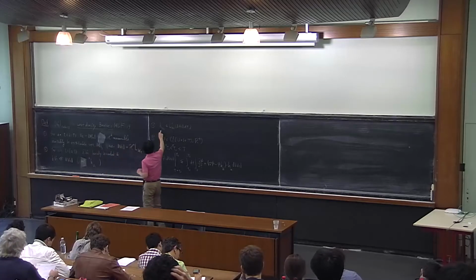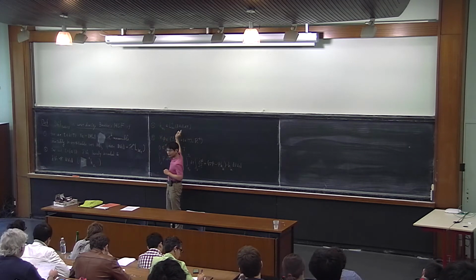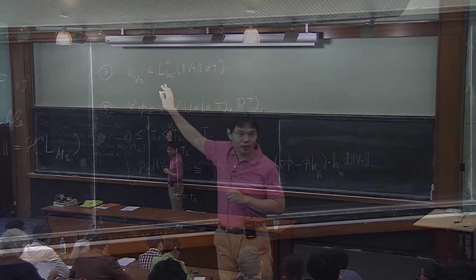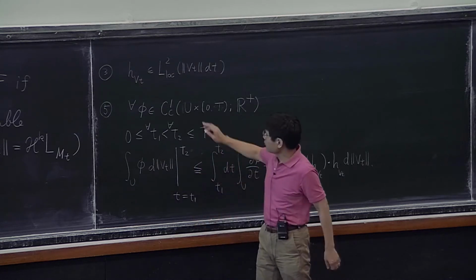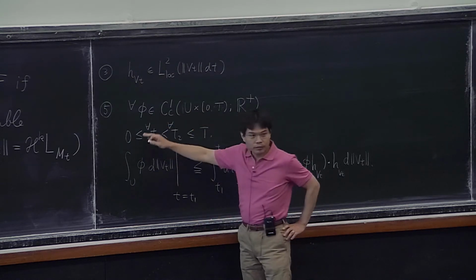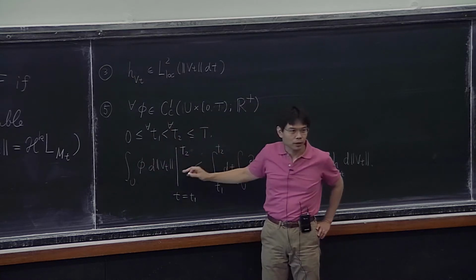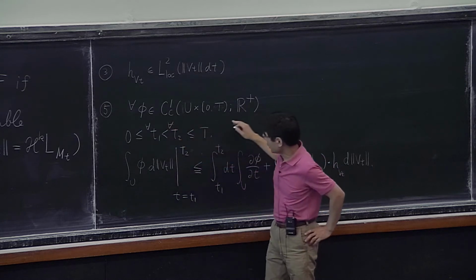And the third is that this mean curvature vector is L2 in space-time, which is naturally expected, because the way we define the velocity of this motion of the varifold is formulated in this way.